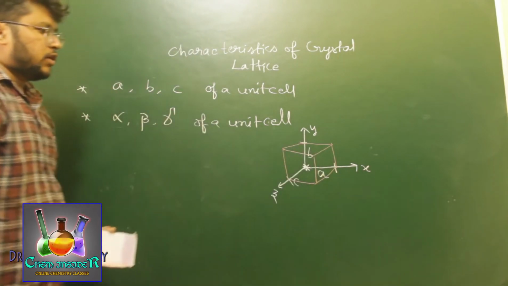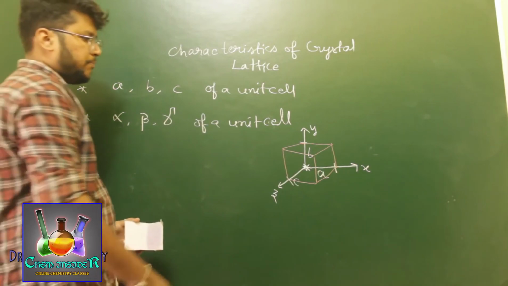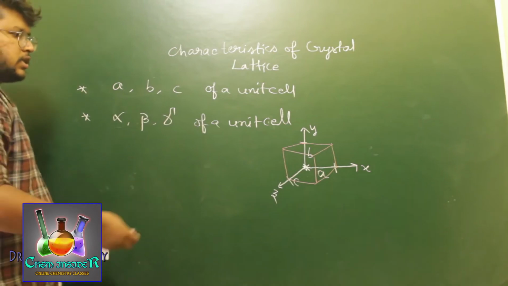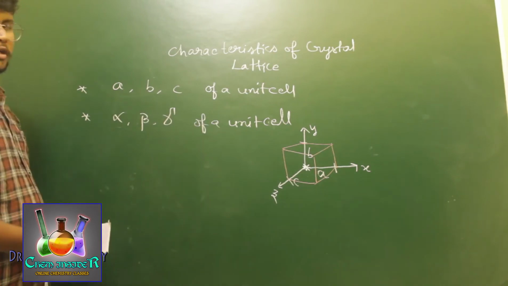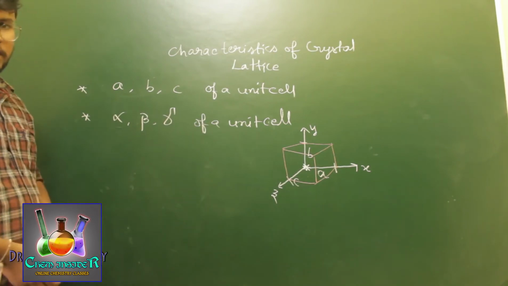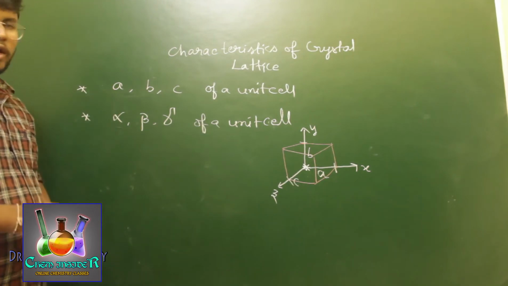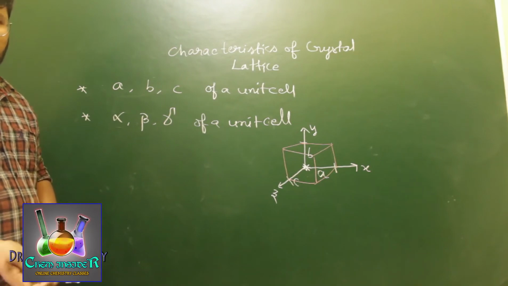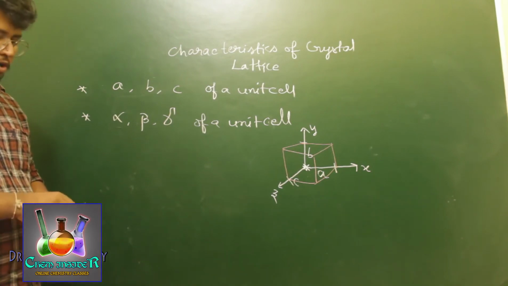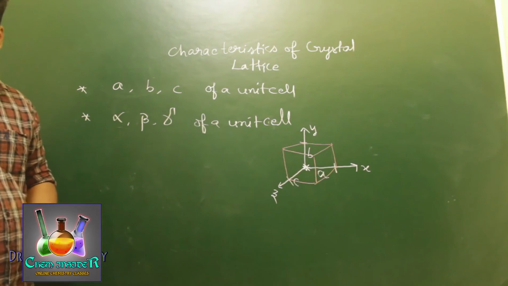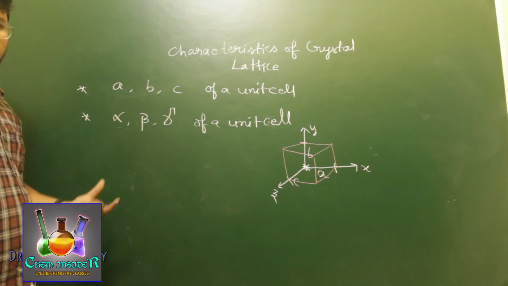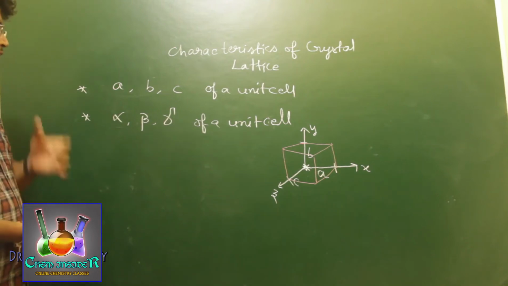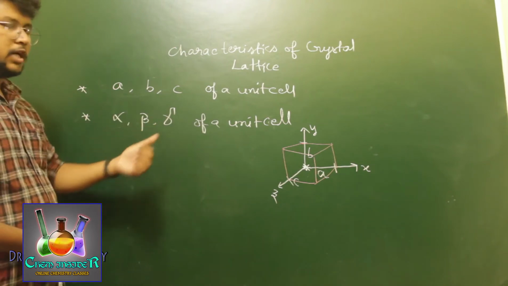So for a unit cell of length A, breadth B and height C, let us consider A as the breadth, B as the height and C as the length. For those edges A, B, C, we have particular angles which may or may not be 90 degrees. In order to define those angles, we take the 3 Greek letters alpha, beta and gamma.